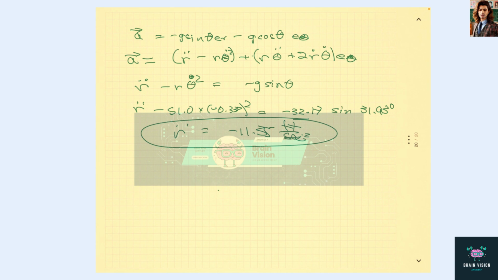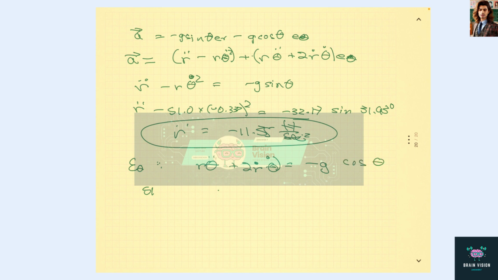Okay, now I've got that, so the next thing we'll be able to figure out is our eθ direction components. So we'll have rθ̈ plus 2ṙθ̇ equals negative g times cosine theta.